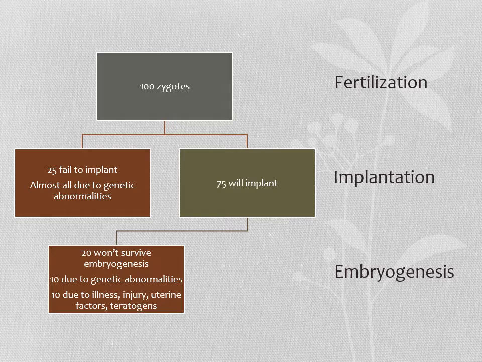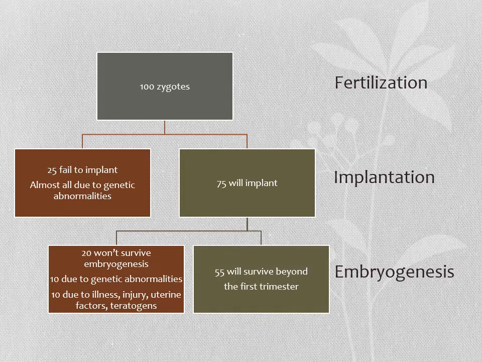Or in the other half, it's because the mother became very ill or was injured, there was something going on with the uterus, or she was exposed to some type of a toxin which damaged the developing embryo, and we call those teratogens. So you can see that out of 100 zygotes, a total of 45 of them didn't survive past embryogenesis, right? So we only have 55 that survive beyond those first 10 to 14 weeks, which we would think of as the first trimester.